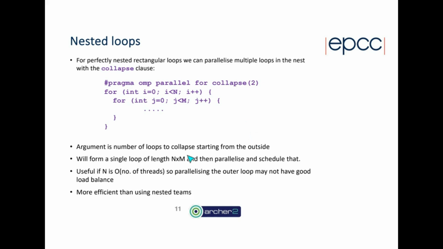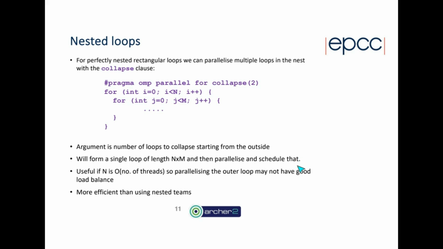That single long loop is what will get parallelized across threads, and the iterations of that single long loop are what is used inside the schedule clause. It's what the schedule clause applies to. So if you specify a chunk size in the schedule clause, then that applies to iterations of the generated long loop.